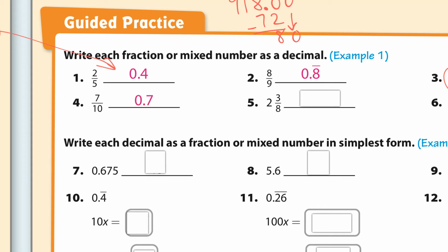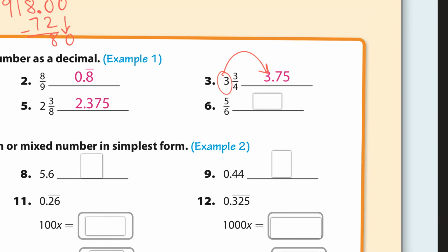And 2 3/8, that ends up being 2.375. And I encourage you to test this out in a calculator. 3 divided by 8, you should get 0.375. 5 divided by 6, that is 0.83, and only the 3 is repeating. So when you look at this in a calculator, it'll say 0.83333, and so on.